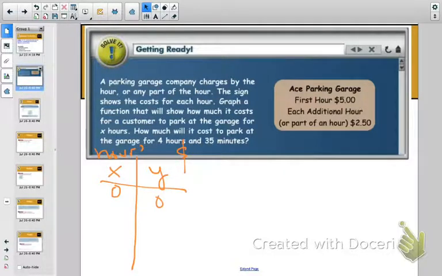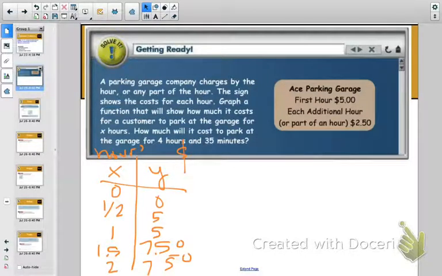But for your first hour, or maybe only for a half hour, it costs $5. And if you go for 1 hour, it costs $5 still. But what if you go for 1.5 hours? Well then it jumps up to $7.50 because it adds on $2.50. And then 2 hours, still $7.50.